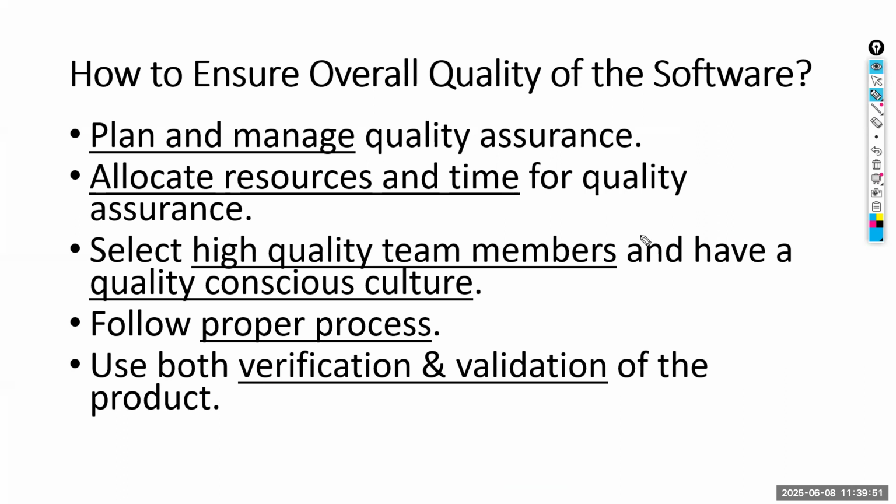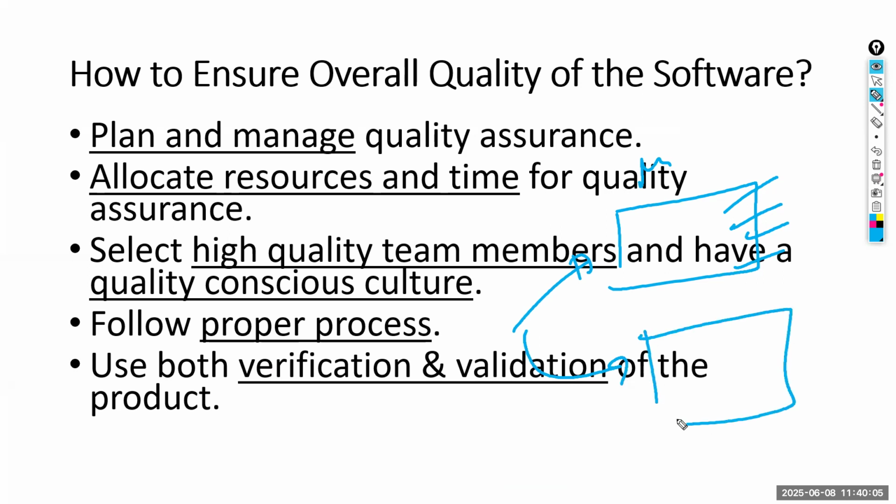So to ensure proper QA, we need to make sure that we have the QA process as part of the management, which includes testing, and also make sure you have very high quality development team members. When you have high quality development team members, they always make sure that your software quality is very high.